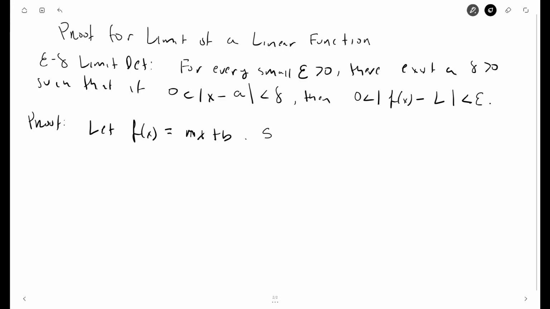And we show that the limit as x approaches a of f of x is equal to L, the limit, which is equal to f of a.